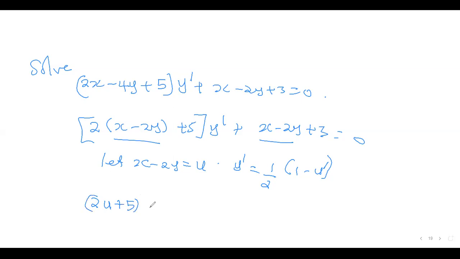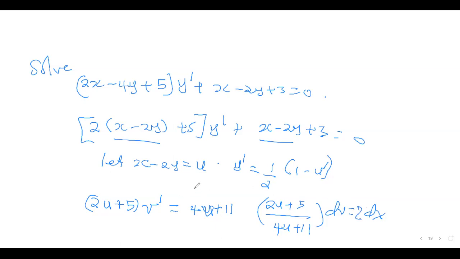Instead of this, you're going to have u dash, and this will be 4u plus 11. Okay? So at the end, you're going to have a long division. You're going to have 2u plus 5 over 4u plus 11, then du equal to dx. Okay, with the 2 because of the half.